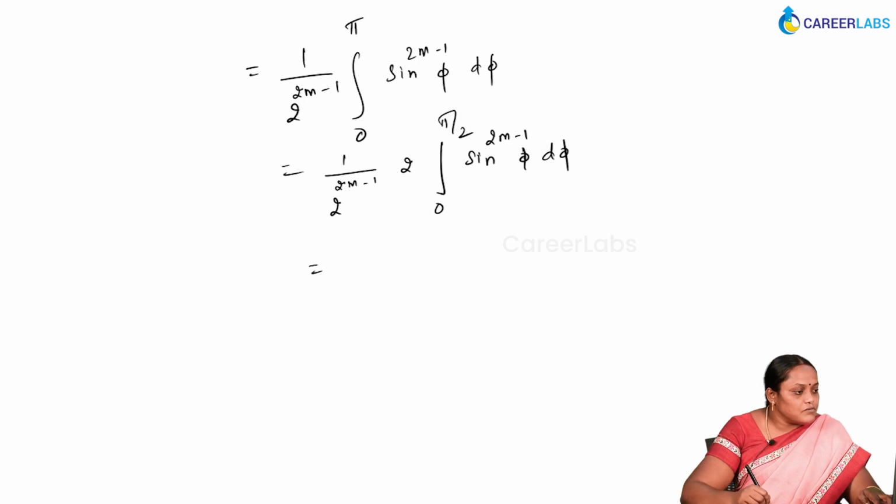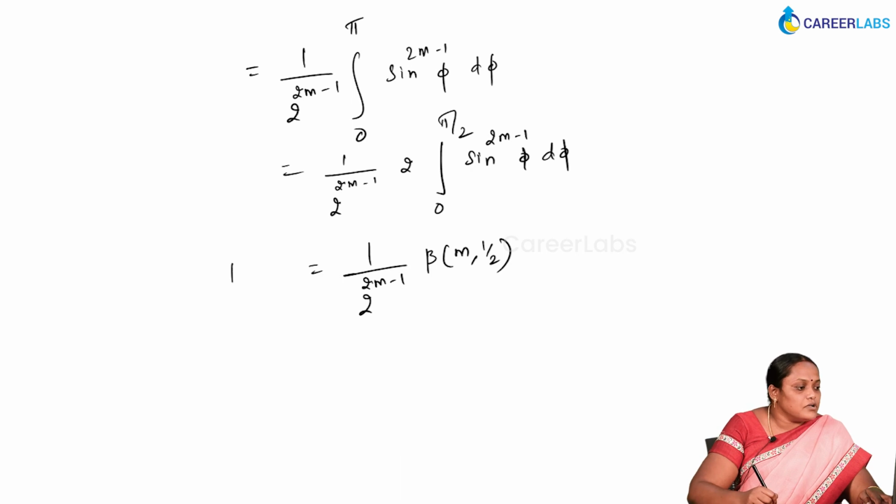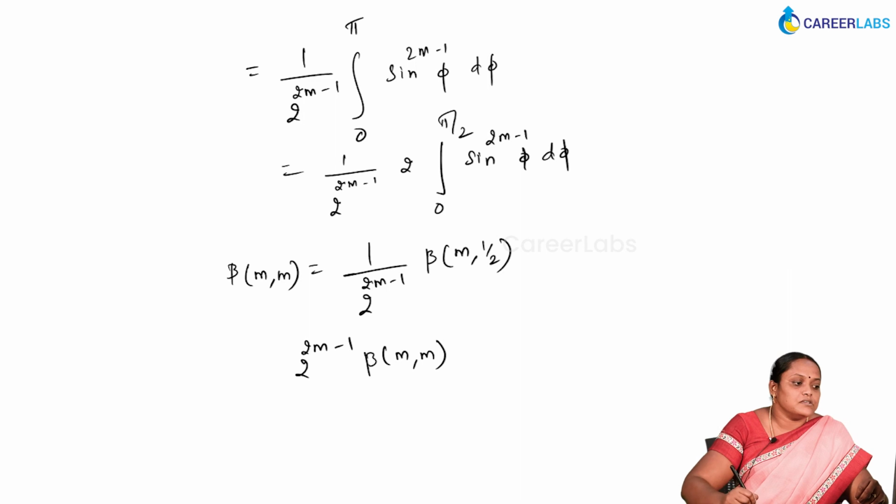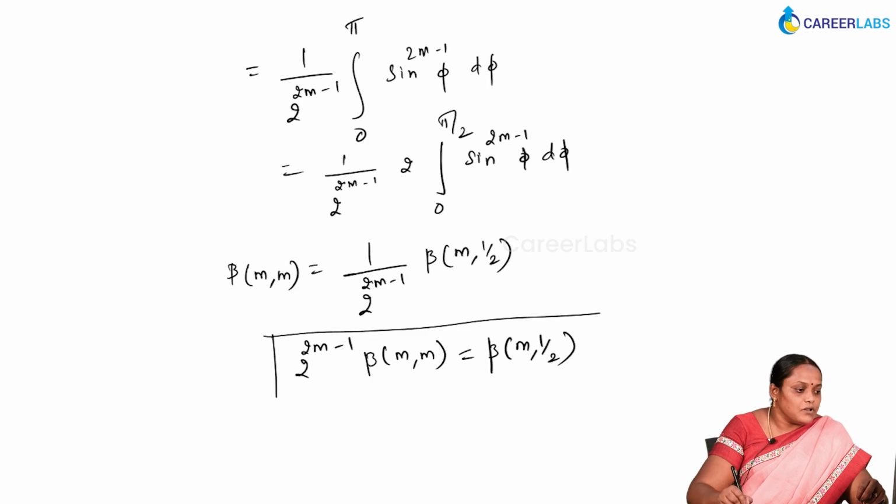Therefore, this is equivalent to 1 by 2 to the power 2m minus 1, and by using equation number 2, beta of m comma half. So beta of m comma m is equal to this term, or 2 to the power 2m minus 1 into beta of m comma m is equivalent to beta of m comma half. So we have proved that this is equivalent to this term. Okay, so thank you.